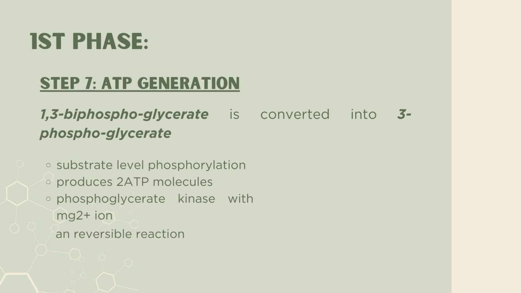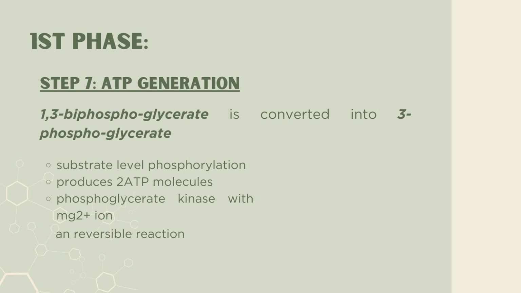In step 7, we are able to gain 2 ATP molecules. We know that the reactant is 1,3-bisphosphoglycerate. In the reaction, on the reactant side, we lose a phosphate group, having no phosphate group in carbon 1, and it is only present in carbon 3 on the product side. Thus, it leads to 3-phosphoglycerate as our product.